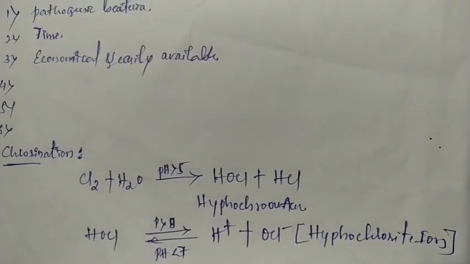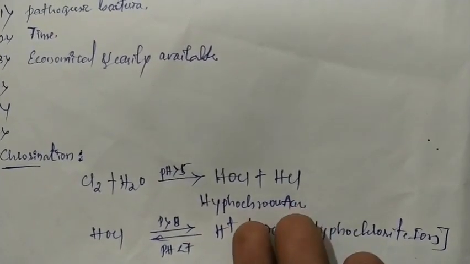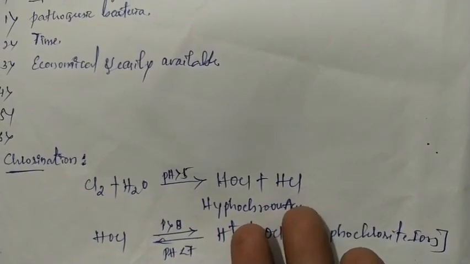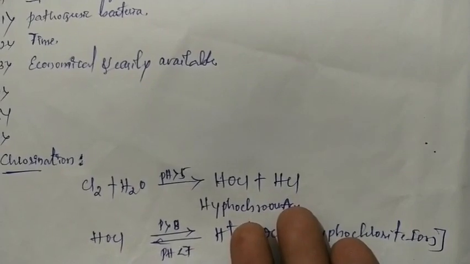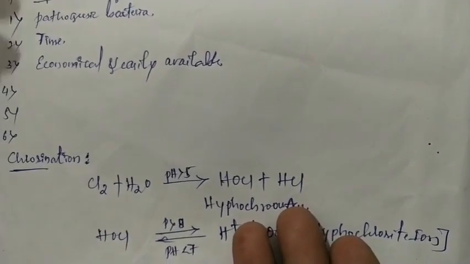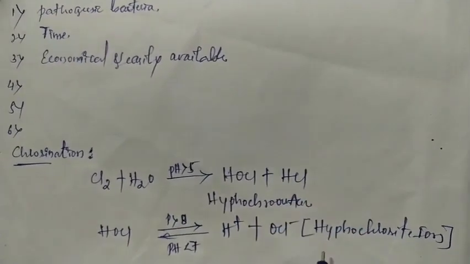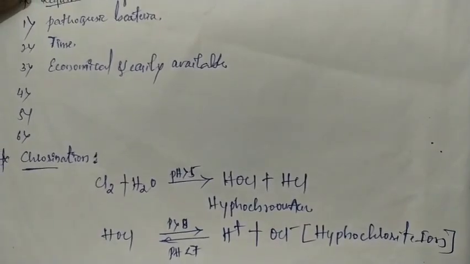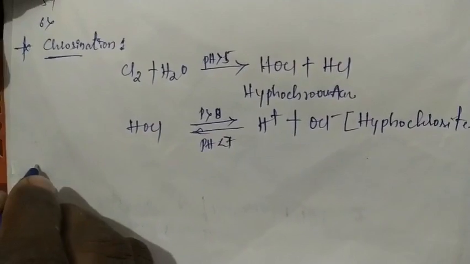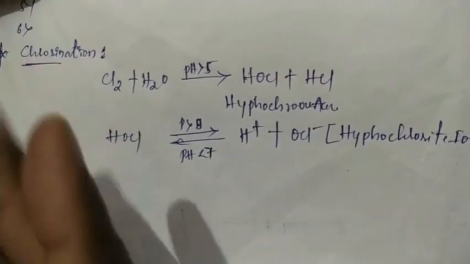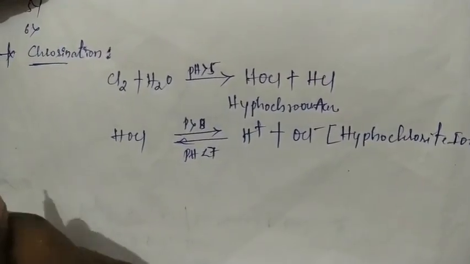Let us see the various forms of chlorination, that is free available chlorine, chlorine demand, residual chlorine, and the doses of chlorine, which we will see later. Before starting that, let us see the advantages of using chlorination as a disinfectant in the water treatment plant.